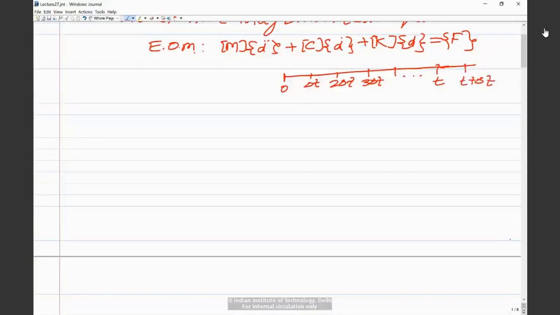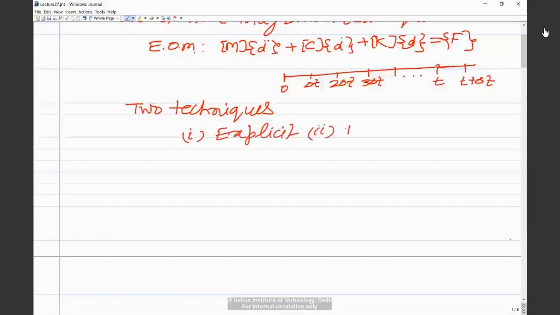For doing this, there are two broad techniques. One is the explicit time integration techniques, and the other is the implicit time integration techniques.